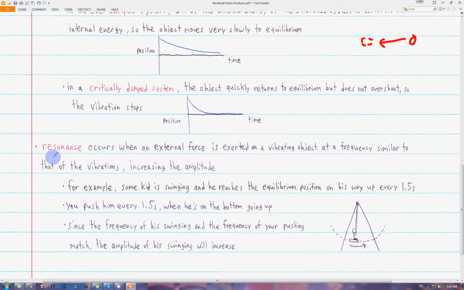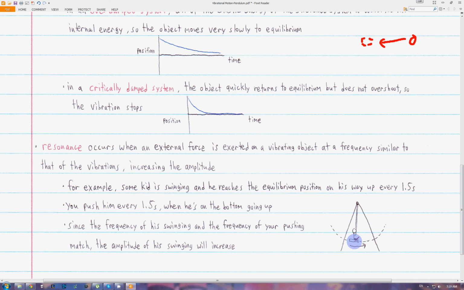So resonance is something that occurs when an external force is exerted on a vibrating object at a frequency similar to that of the frequency of the vibrations. So when that occurs, the amplitude of the vibration increases. So for example, if this kid is swinging and he passes the equilibrium position on his way up every 1.5 seconds.